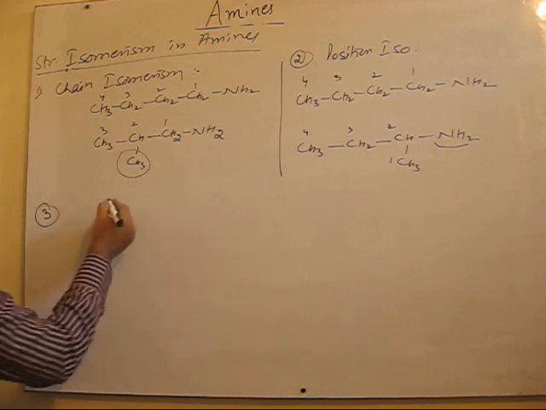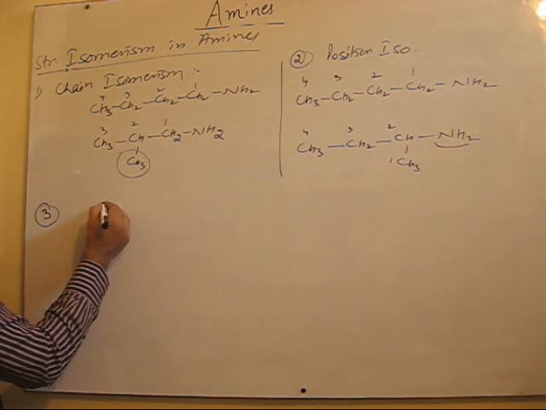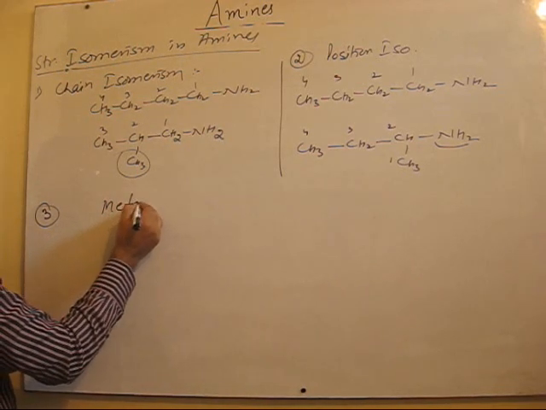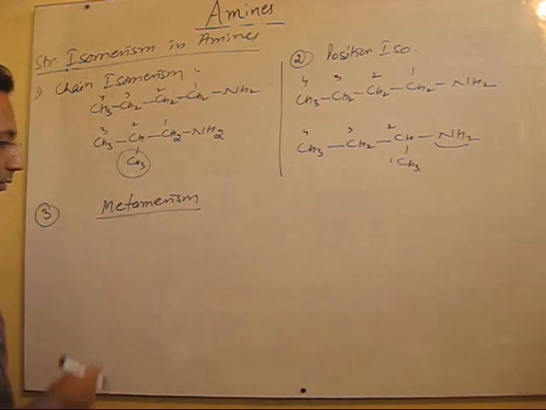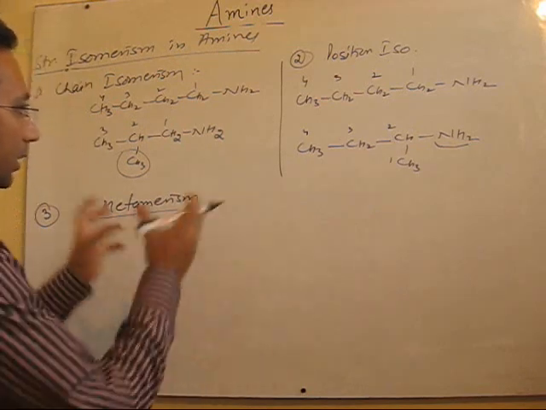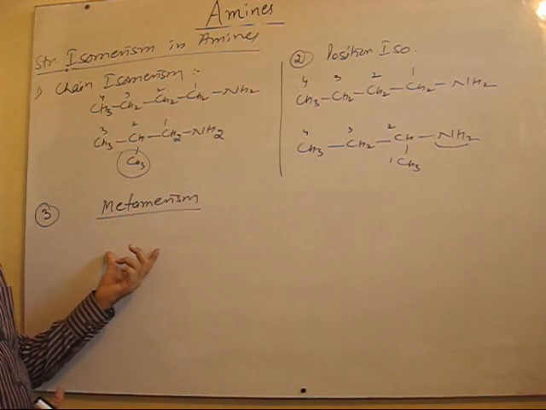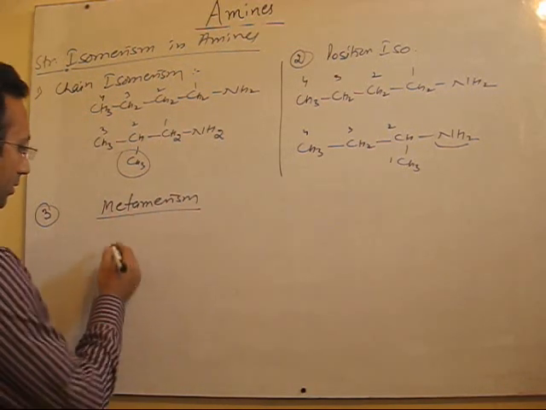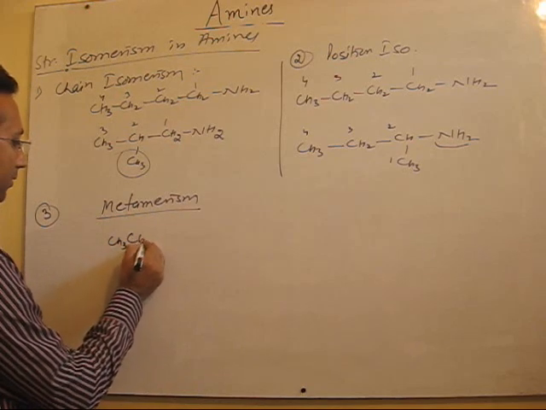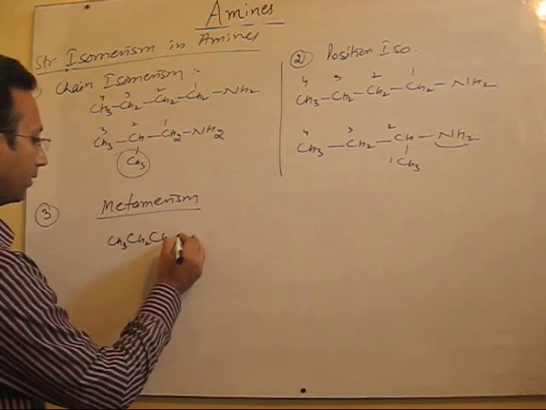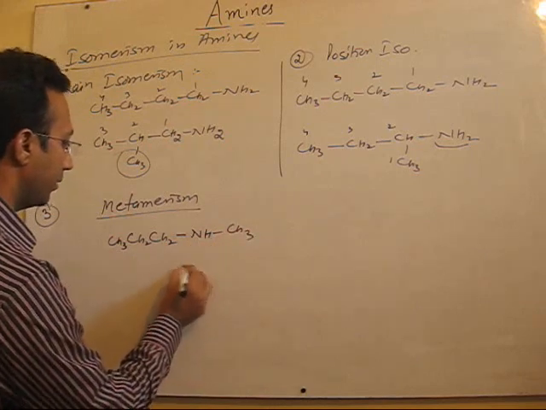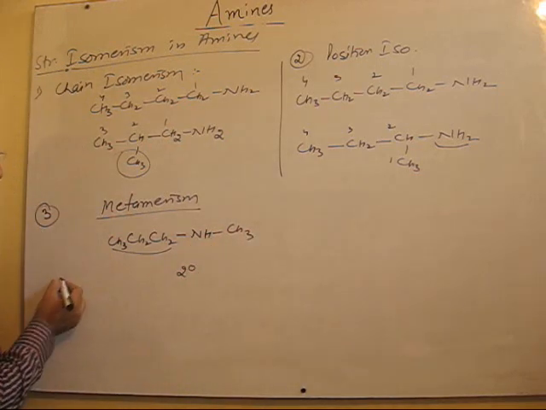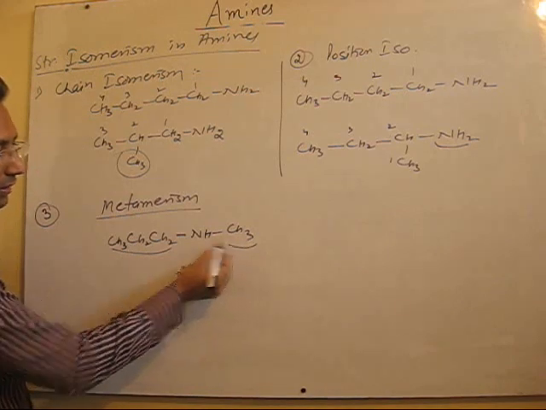Then number 3, we have a special isomerism. In this case it is metamerism. In metamerism, we know the alkyl groups present on either side of the functional group change. Now, for example, I have a secondary amine. This is a secondary amine, you know. One side we have propyl group, one side we have methyl group, right?